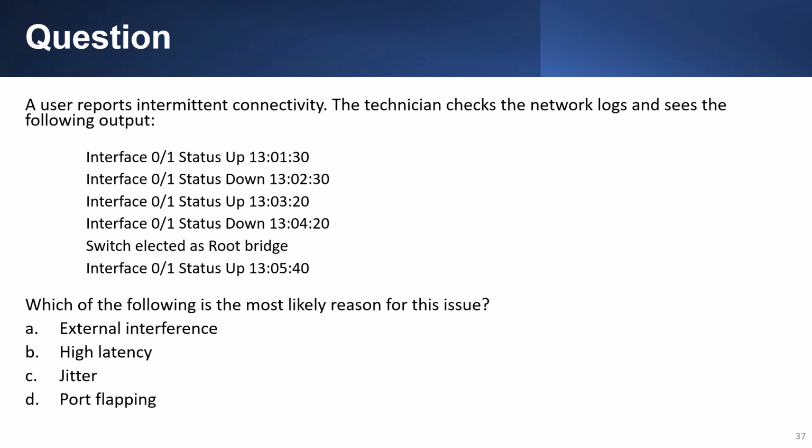Question: The user reports intermittent connectivity. The technician checks the network logs and sees the following output as shown on the screen. Which of the following is the most likely reason for this issue? Answer: Port flapping.